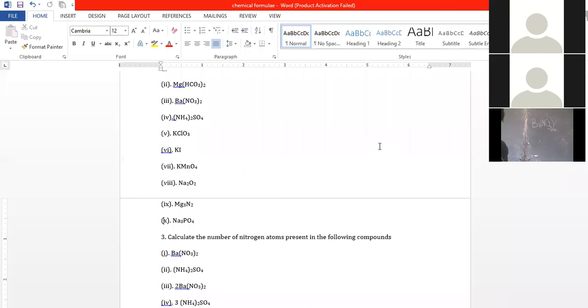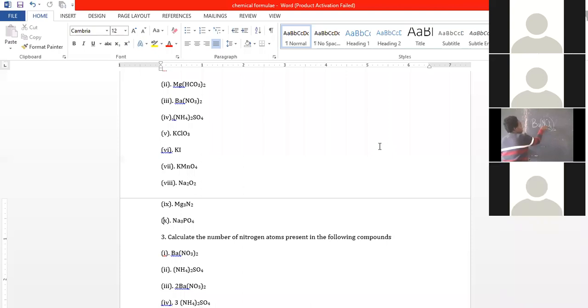So it was supposed to be 2 times the 1 because there's 1 and a hidden 1 in that nitrogen. So when you get 1 times 2, we'll have 2 nitrogen atoms. Thank you very much. So if you look at the formula here, we have nitrogen here. And that nitrogen, when you don't write any figure, it means it is 1.